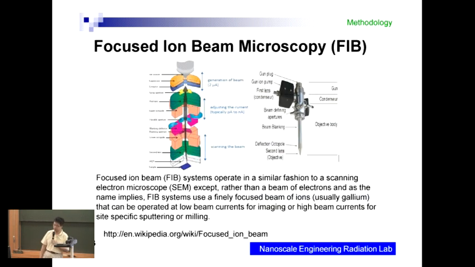The fourth one, focused ion beam microscopy. The left-hand side tells you the cross-section view of the instrument, and the right-hand side tells you the pin to emit the ions.